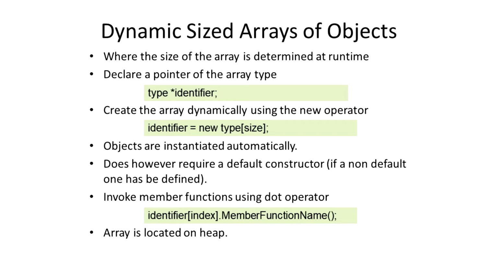Here you'll notice that we are creating a pointer, as we did with creating a pointer to an object. And we're also going to use the keyword new, and then rather than calling the constructor, which is what we would have done for creating a dynamic object, here we're actually going to write the class type again, followed by the square brackets and then a value for the size of the array.